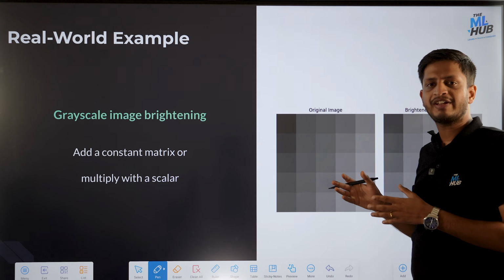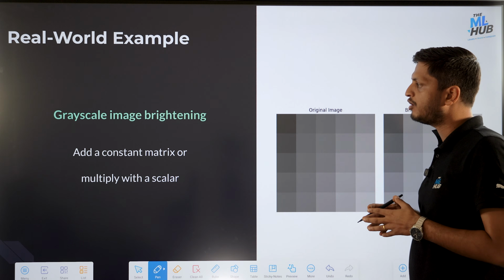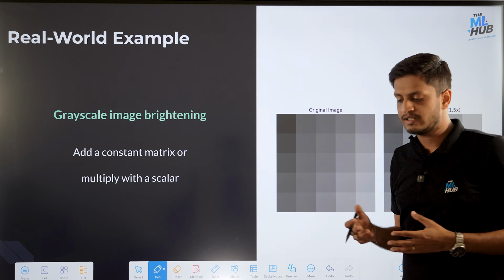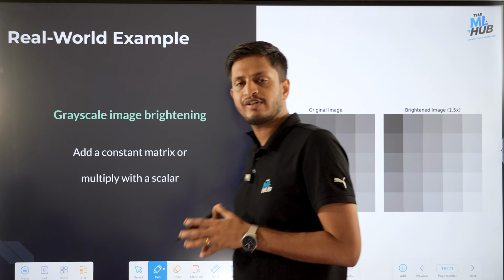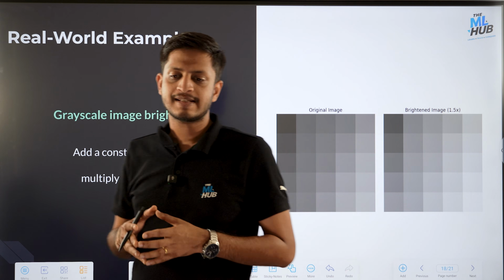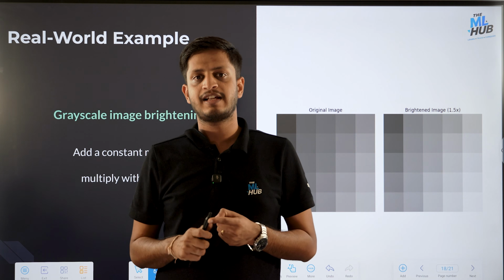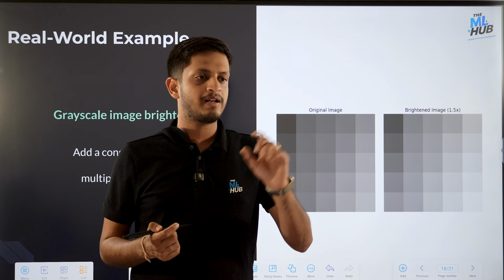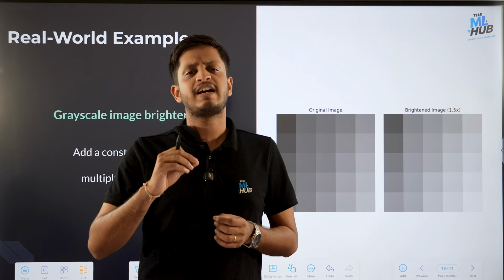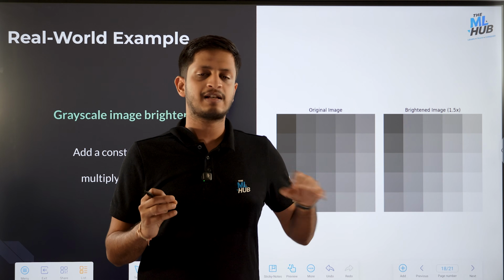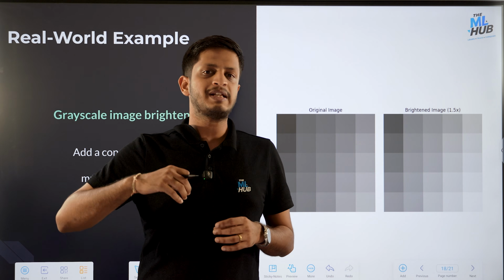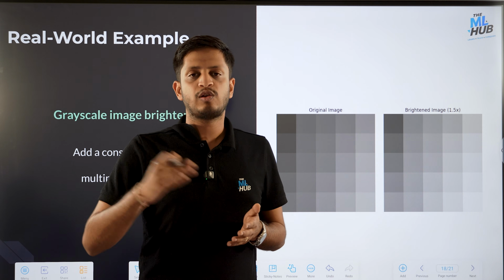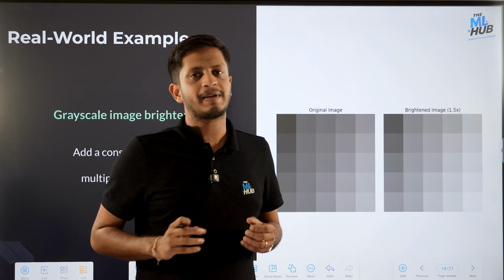Here we can see a real life example of how scalar multiplication is used. I told you in the first lecture that matrices are used to represent grayscale images, which means images which only have black and white colors. So in a matrix, I can just write the grayness essentially. 0 means completely black, 255 means completely white, and any value in between will tell you how gray that particular pixel is.